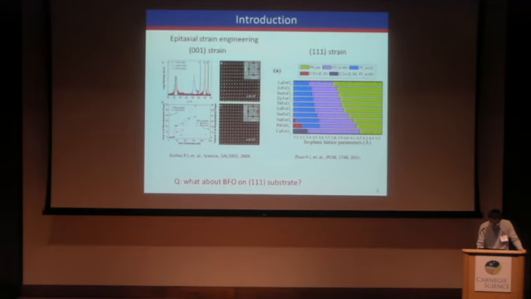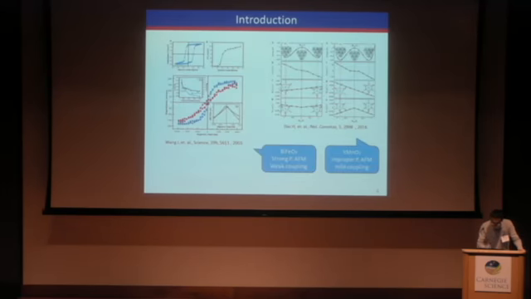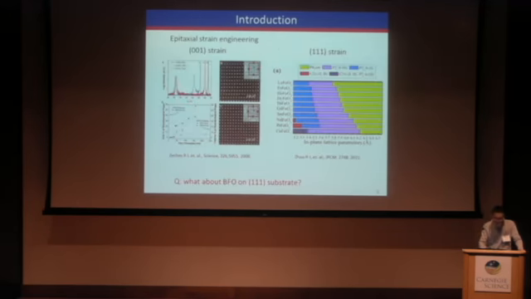We are talking about this because we want to deliver the message that multiferroics are quite rare, and one useful method is epitaxial strain engineering to create new multiferroic phases.